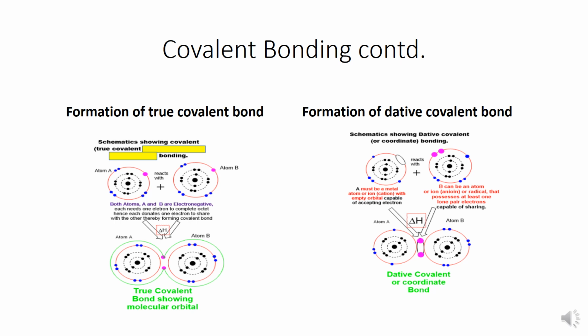As you know, electrons must come in up and down spin. Because the electrons are single, they need to pair up so as to be able to form a bond.